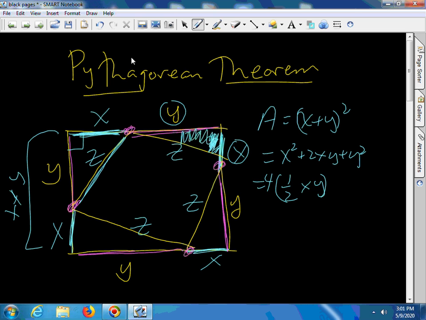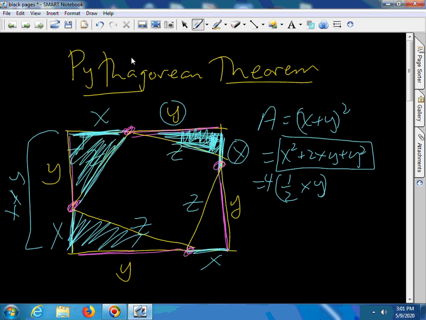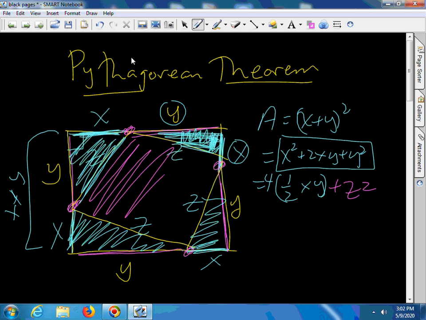So far, I have the whole area. On the line below, I just have this, and I just have that. Plus z squared, which will be this.